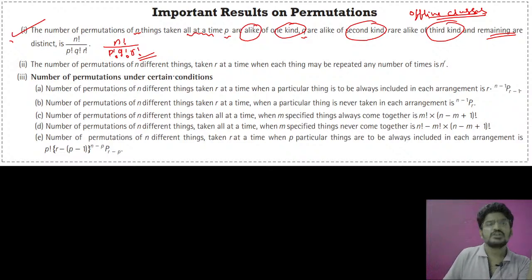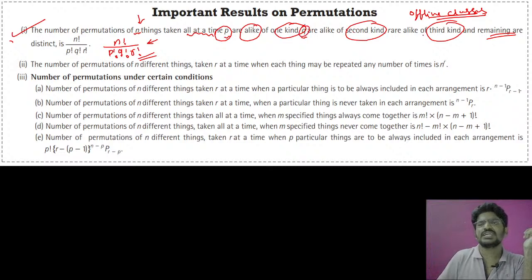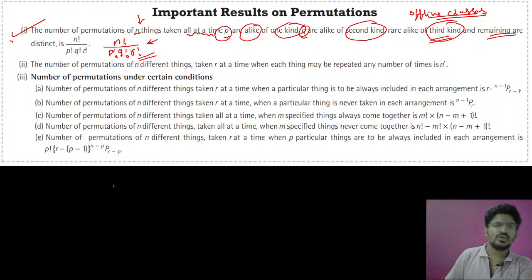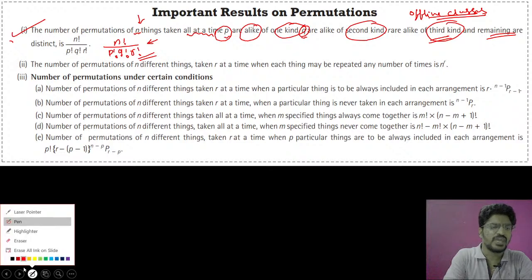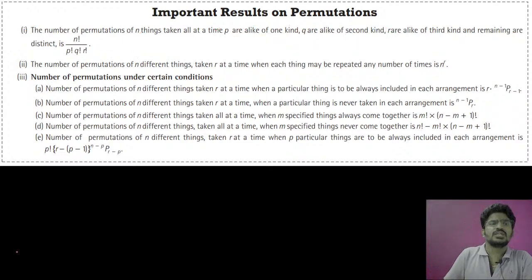So this is your permutation, where you have n things, in that p are one type, q are second type, and the remaining are distinct, and the third kind also you have, that is r.